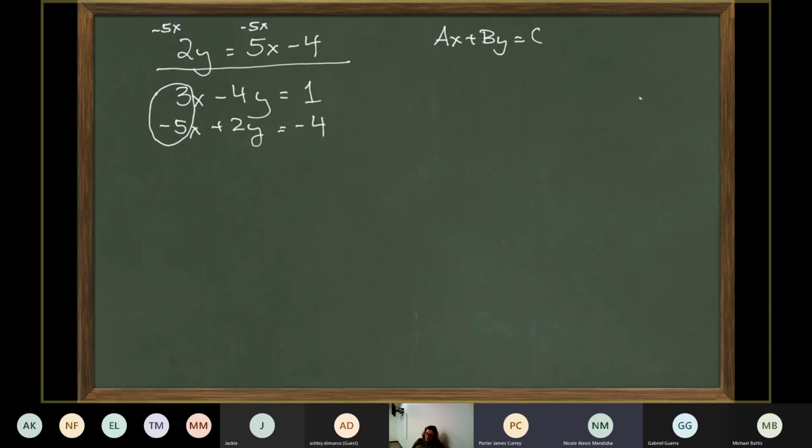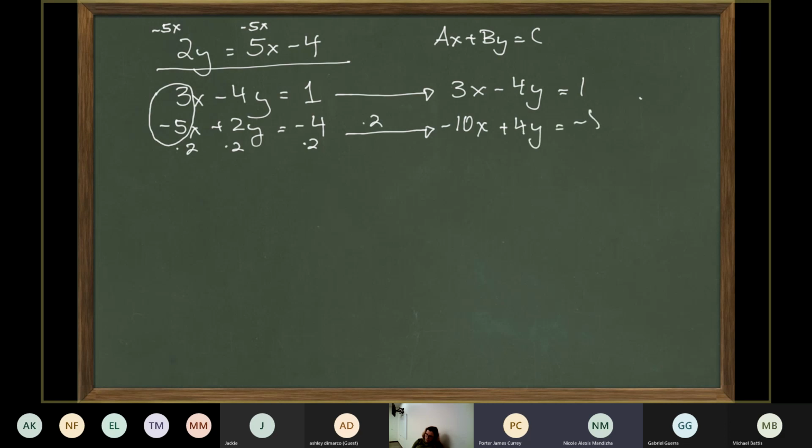You already have the first one that is a 4, but the second one is not. So the first one doesn't need to be changed. The second one needs to be multiplied by what? I want to eliminate the y's. We need a 2. So each of these terms has to be multiplied by 2. You get a negative 10x plus 4y equals negative 8.